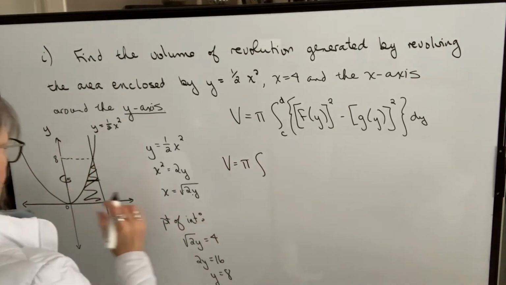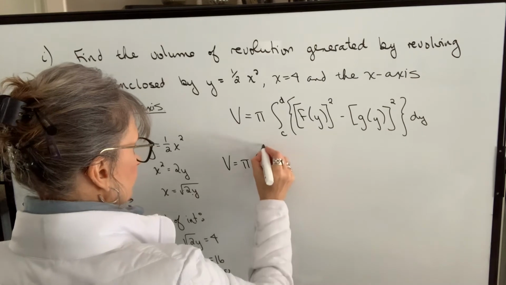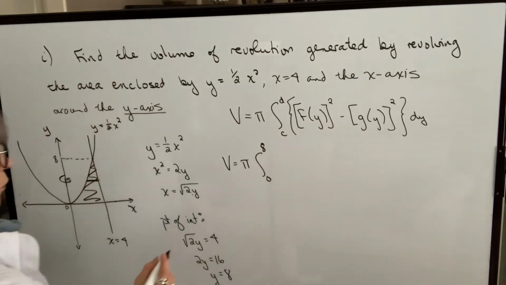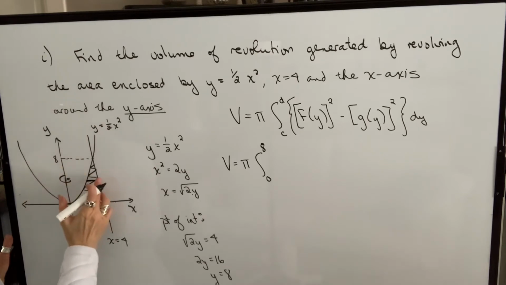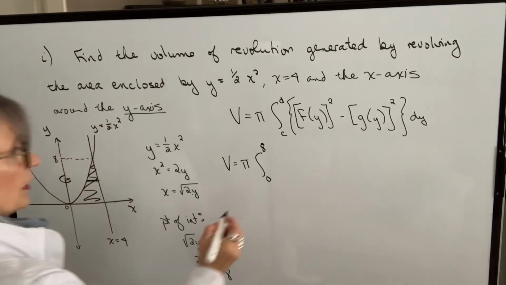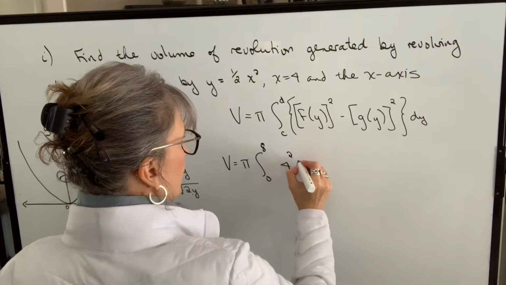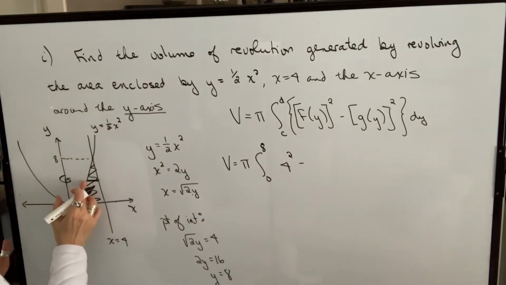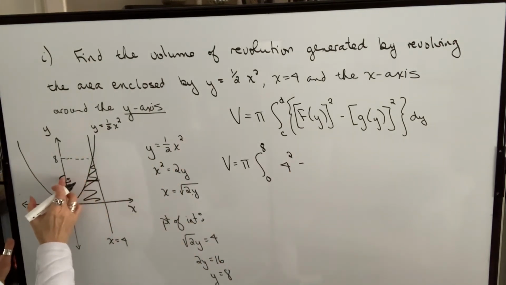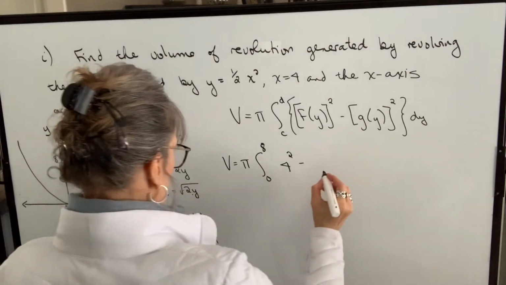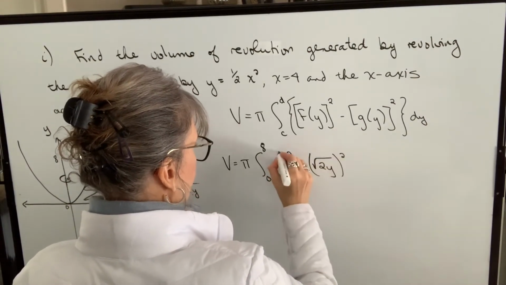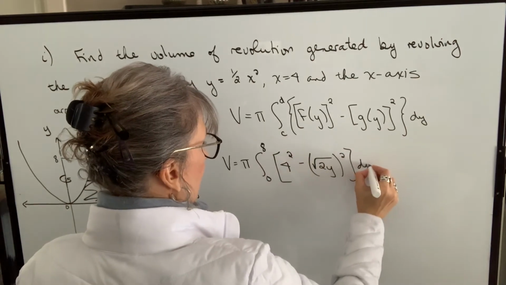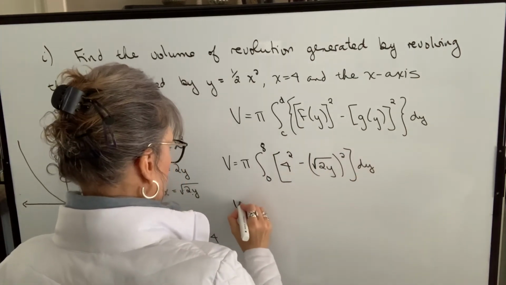So our integral is from 0 to 8. f of y, that's the function furthest away from the y-axis, which would be x equals 4, so 4 squared, minus g of y, which is the function closest to the y-axis, which would be square root of 2y squared, dy. Let's simplify this.